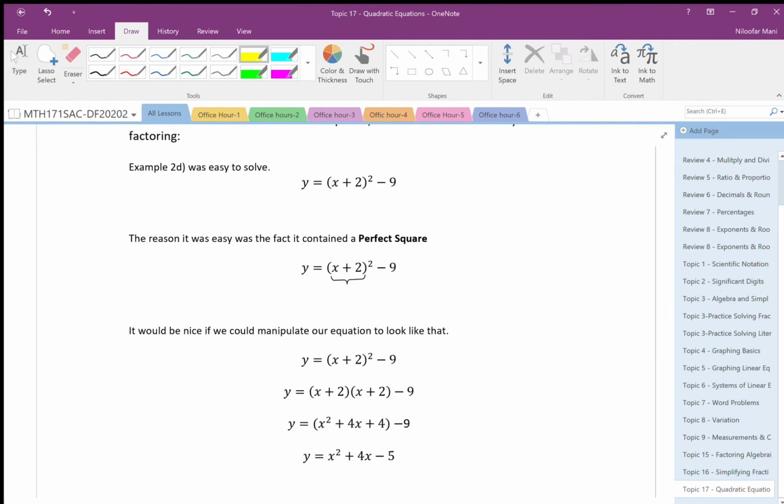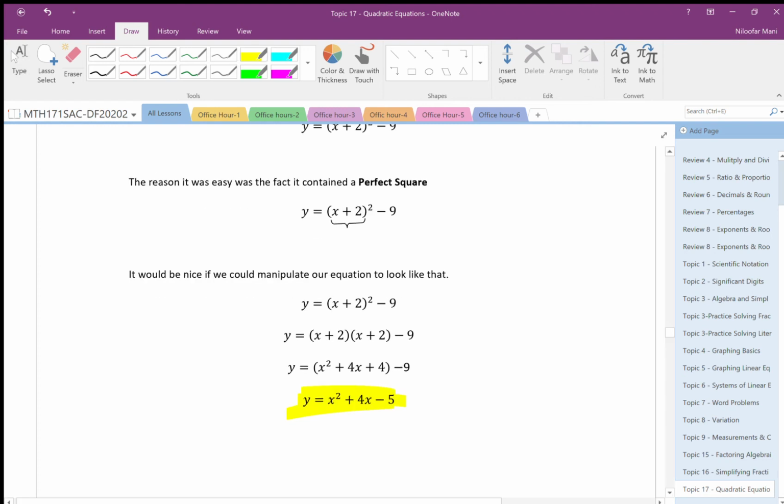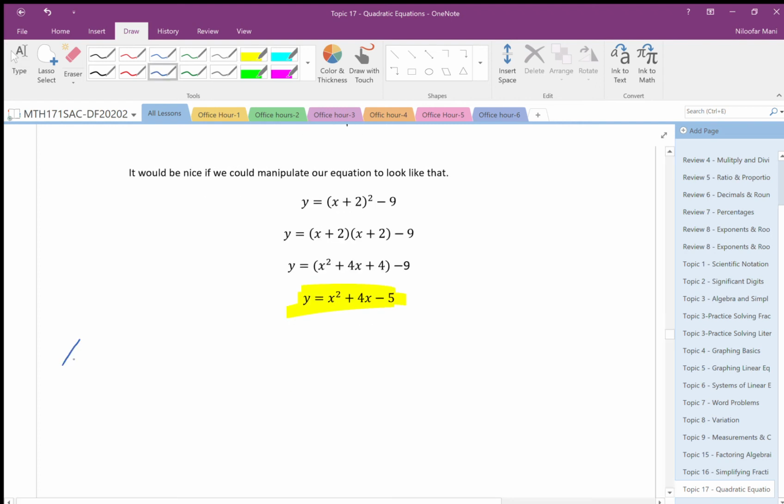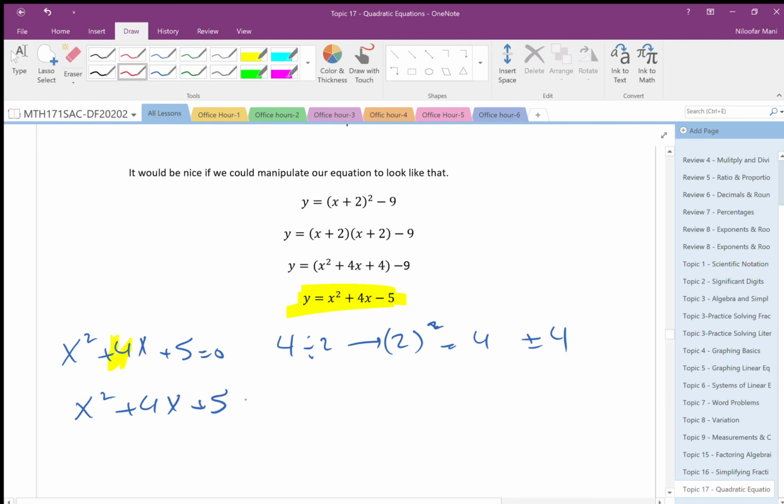So for example, if I receive this, I can just add 4 and minus 4. Okay, see, x squared plus 4x plus 5 equals 0. I cannot go by factoring, so I use 4. I divide by 2. I square it, which is 4, plus and minus 4. So it is x squared plus 4x plus 5 plus 4 minus 4.